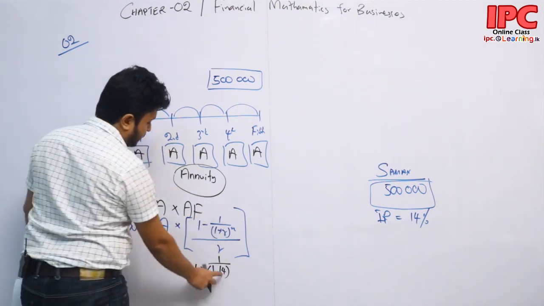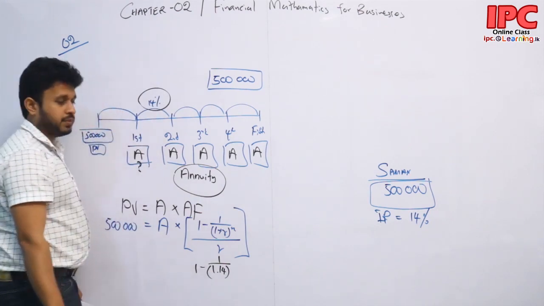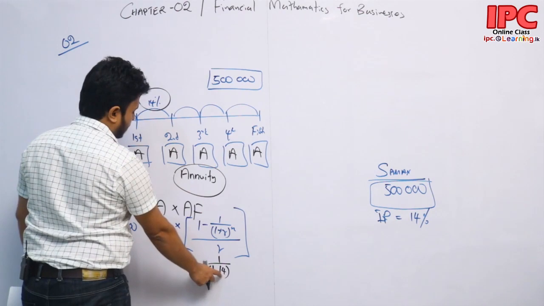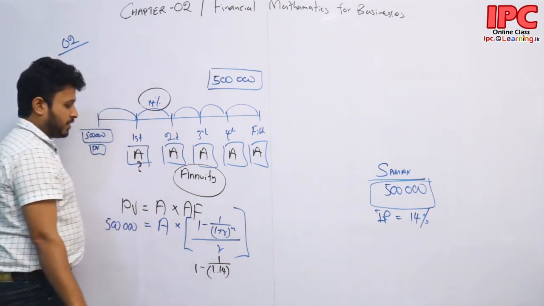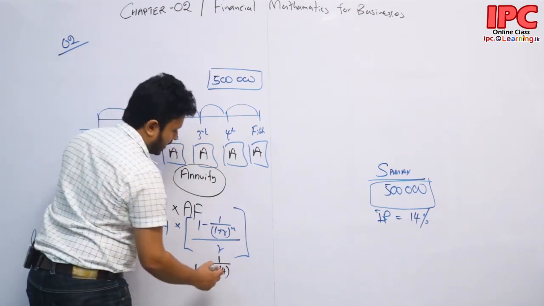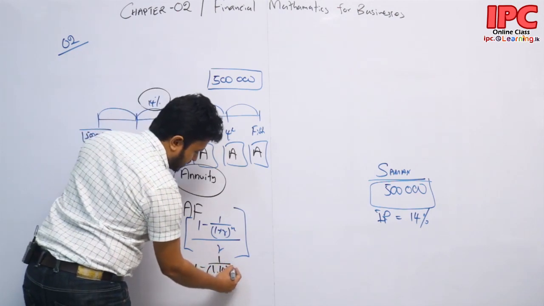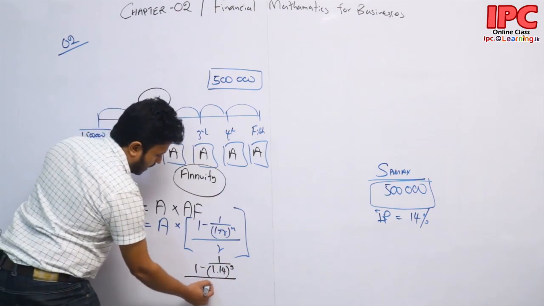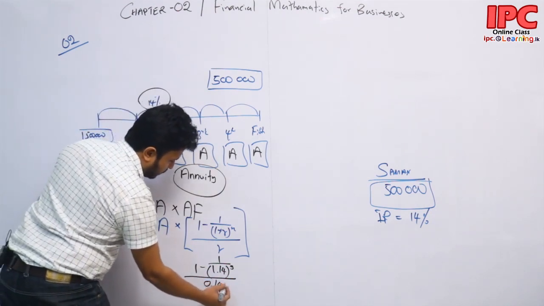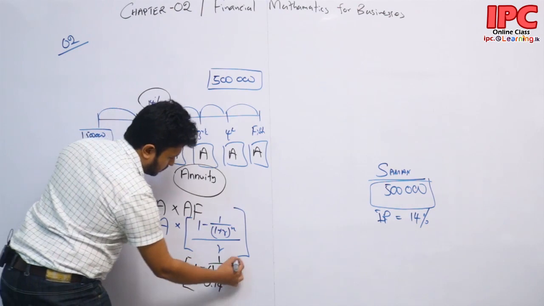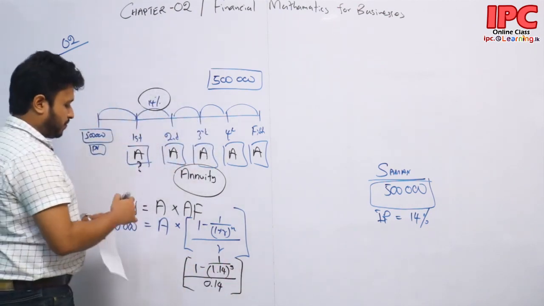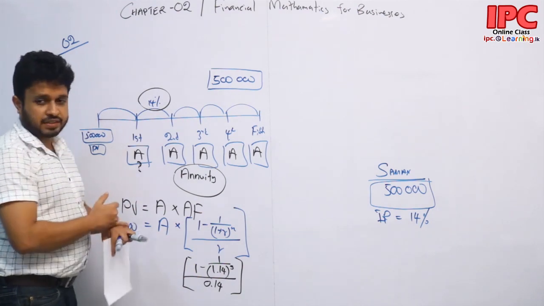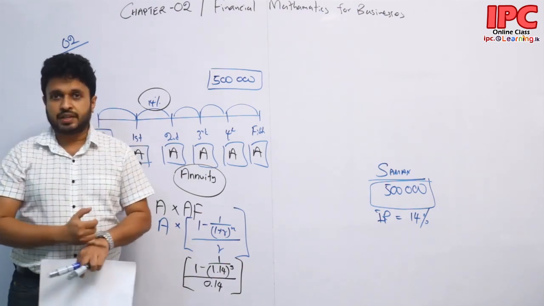If it is half yearly, we have to divide this by 2. Since this is annual compounding, we directly put 0.14 here. And to the power n, how many years? 5 years. Divided by r, which is 0.14. Okay, we'll take the answer.